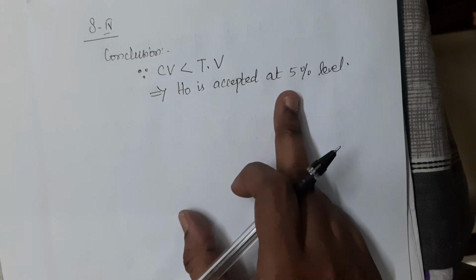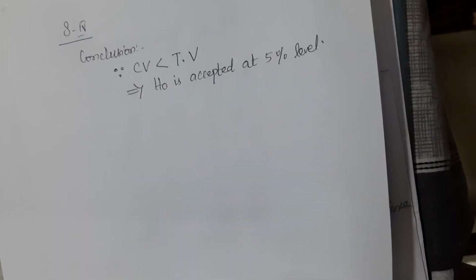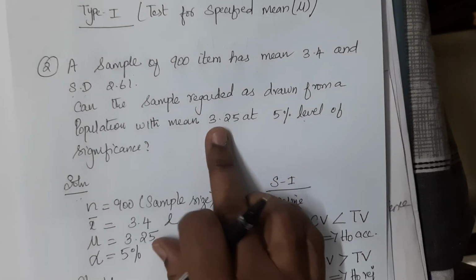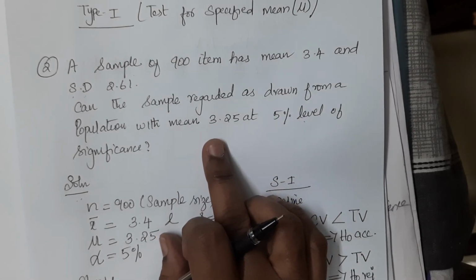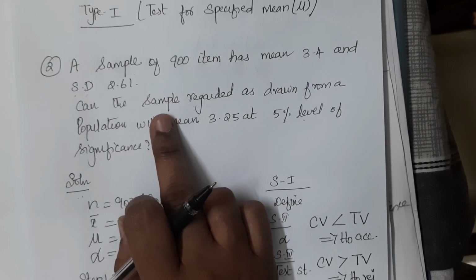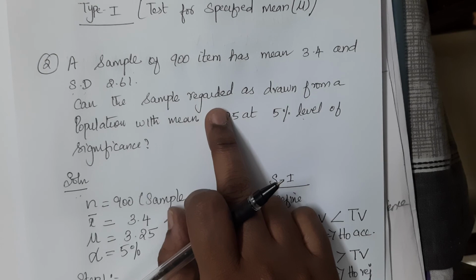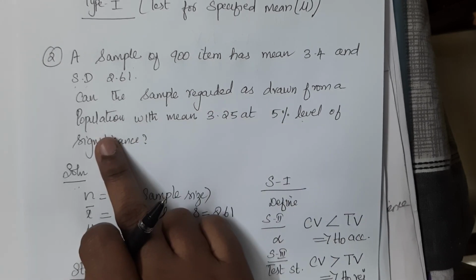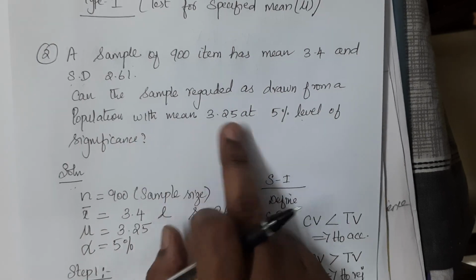What is the meaning of it? Whatever the claim that is stated in the problem can now be regarded as holding for the population. So the conclusion is yes, this sample can be regarded as from a population whose mean value is 3.25.